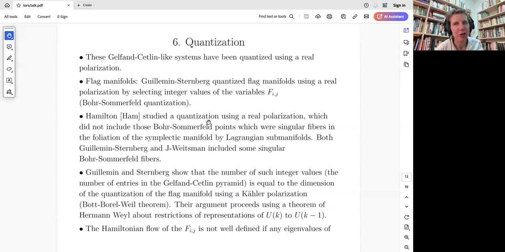So functions of half the variables. The Heisenberg uncertainty principle tells you that you don't want functions that depend on both sets of variables. So that is really what is called a real polarization. It typically means choosing a Lagrangian foliation of your symplectic manifold.